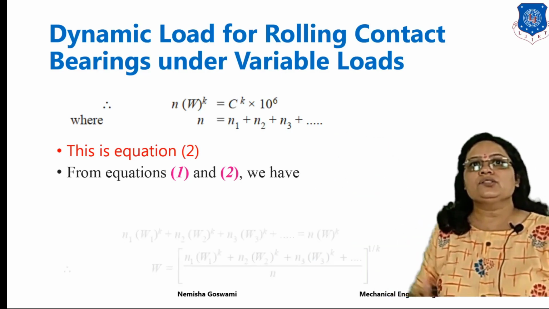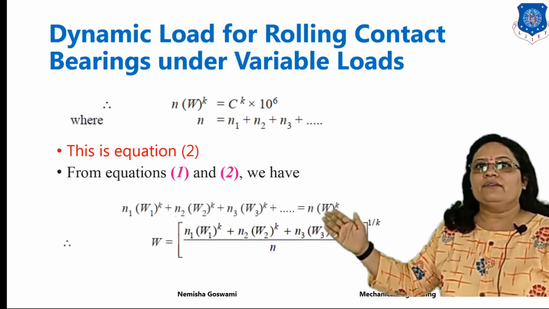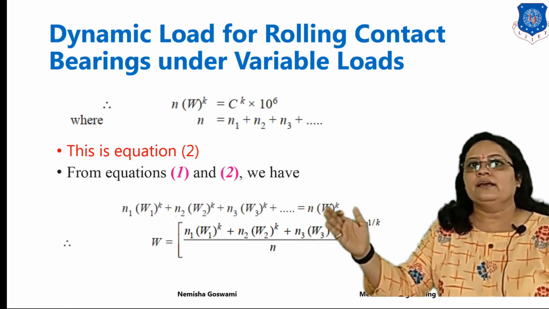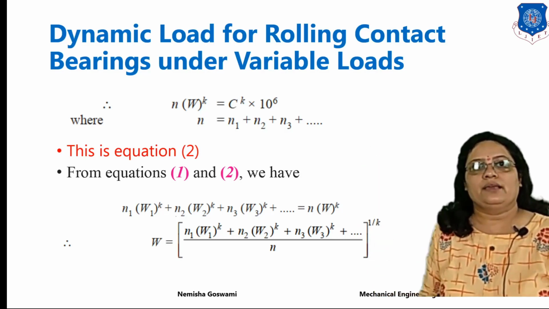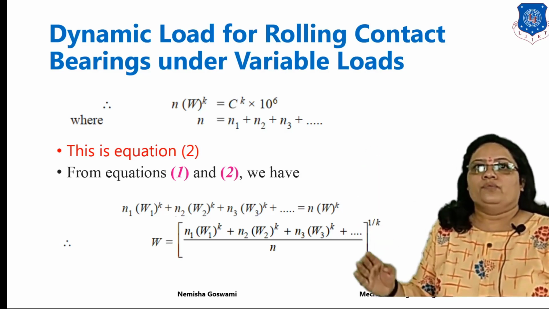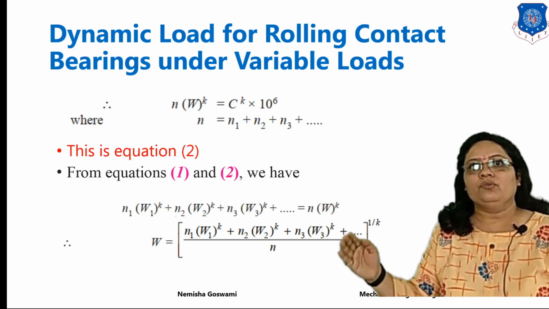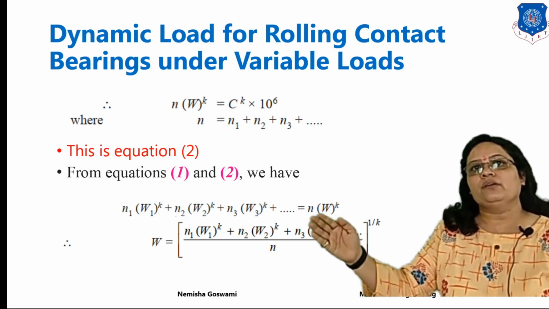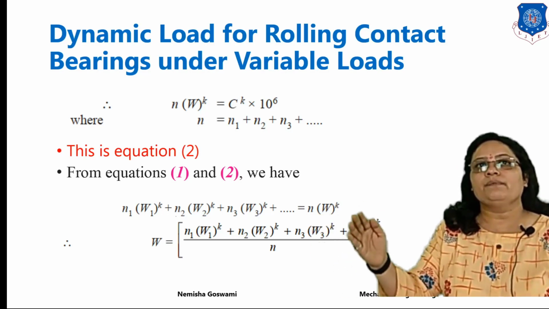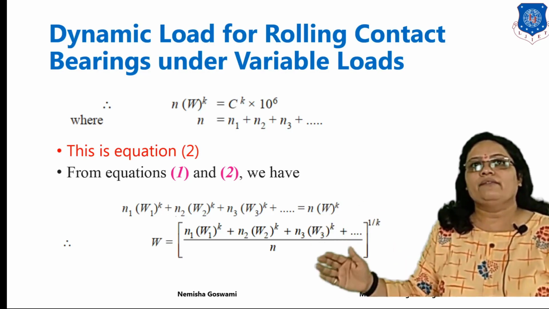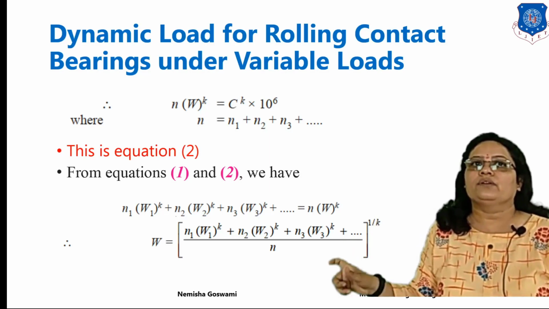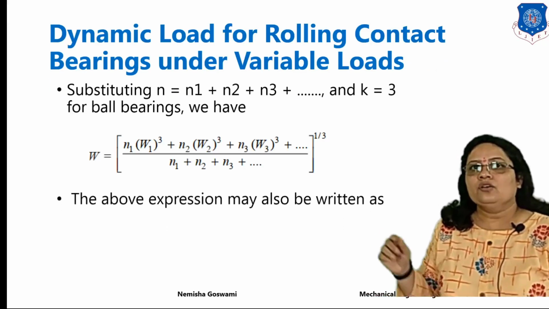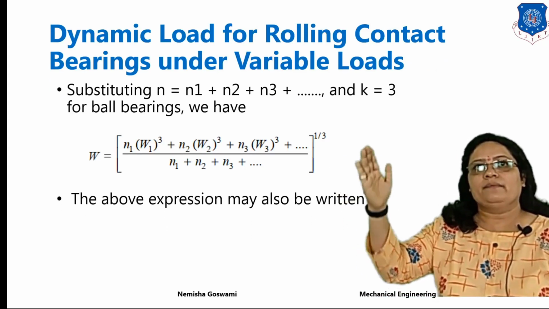From these two equations we get N1 W1 to the power k plus N2 W2 to the power k plus N3 W3 to the power k is equal to N W to the power k. So the load W is equal to (N1 W1^k plus N2 W2^k plus N3 W3^k and so on, divided by total N, the total number of revolutions) to the power 1 upon k, where N is equal to N1 plus N2 plus N3.